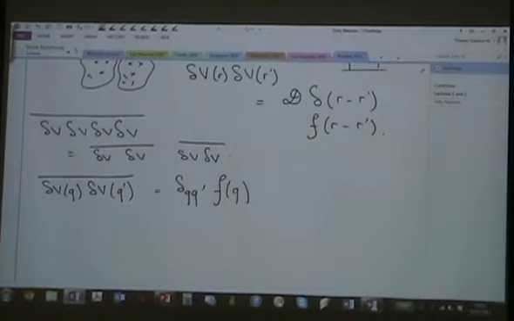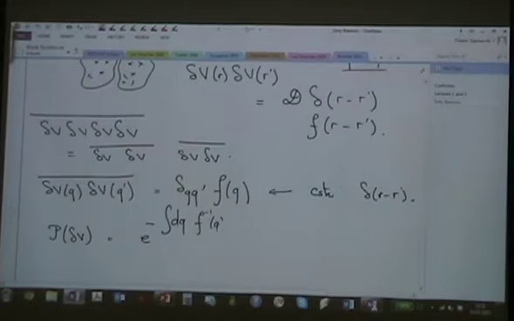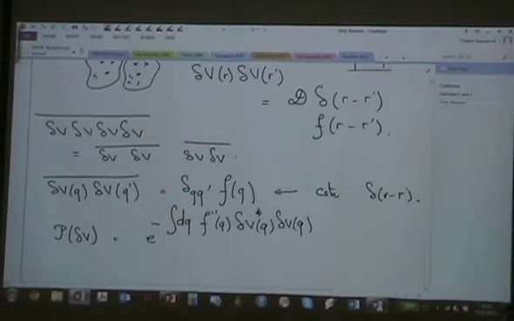If I want to write the probability distribution of delta V, this is simply exponential of minus the sum over Q of F minus 1 of Q delta V Q star delta V Q. So you have a Gaussian probability distribution for the fluctuations of the disorder.